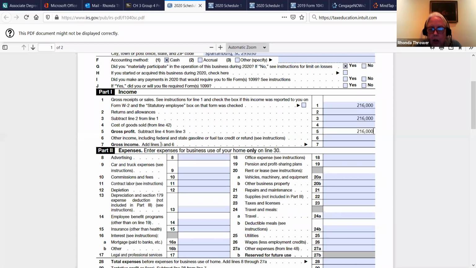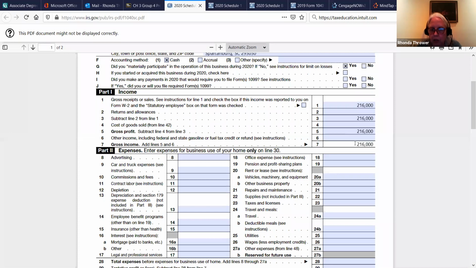And then other income you would list here. So if you had different types of revenue, you could list them here. There was only one type of revenue for this particular company. They want you to figure up the total amount of the revenue or the gross income for this company, which is still 216,000.